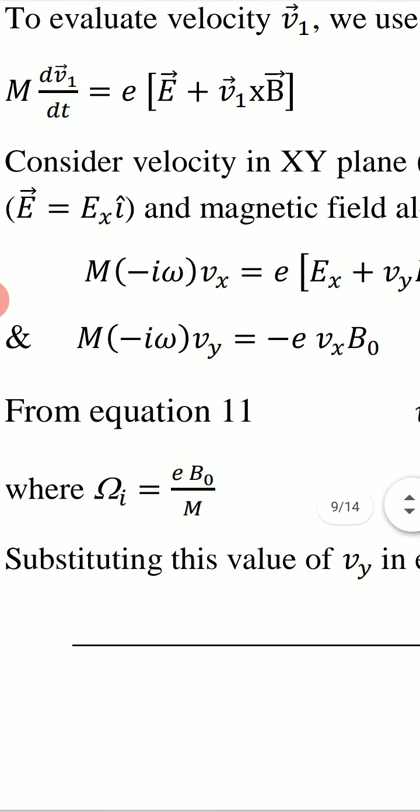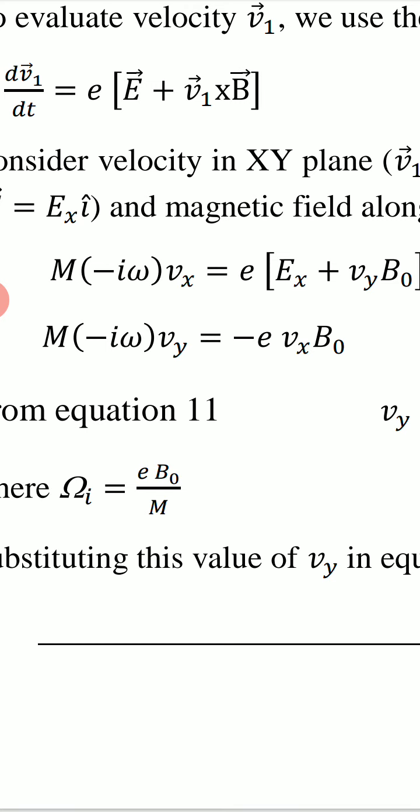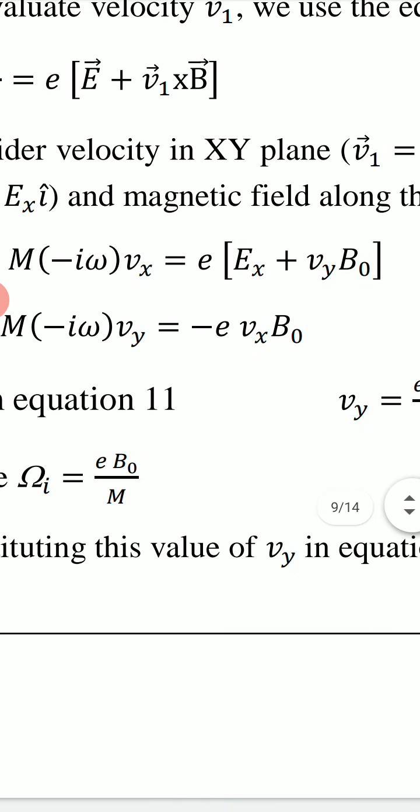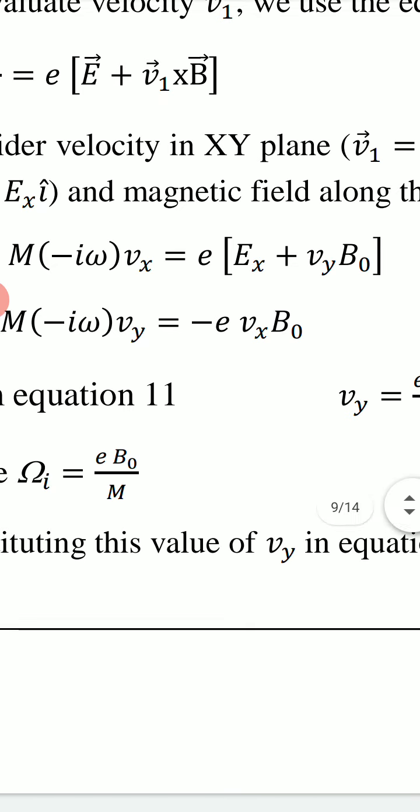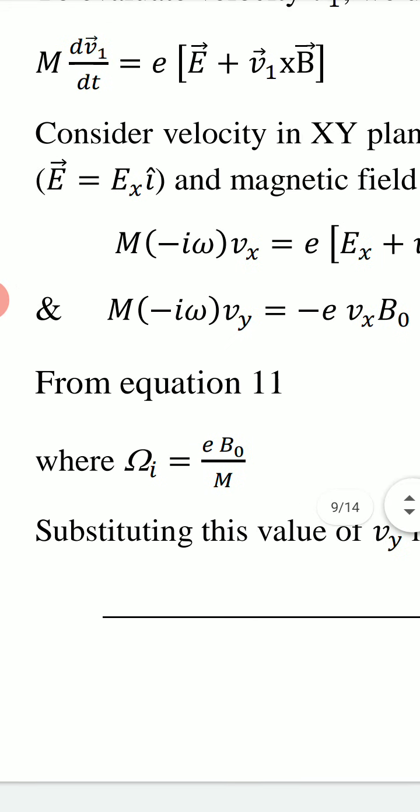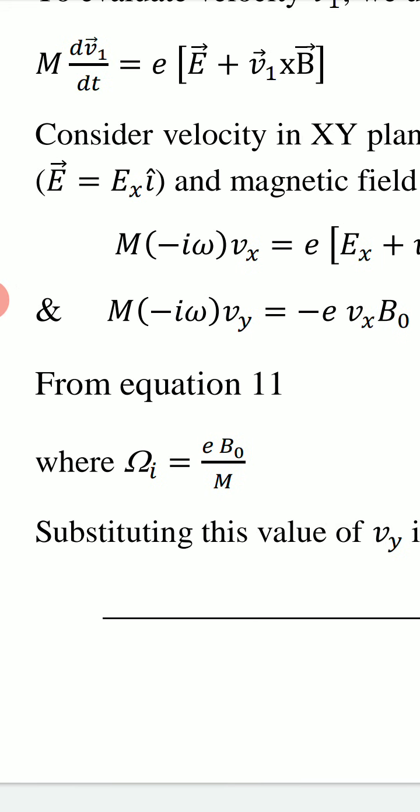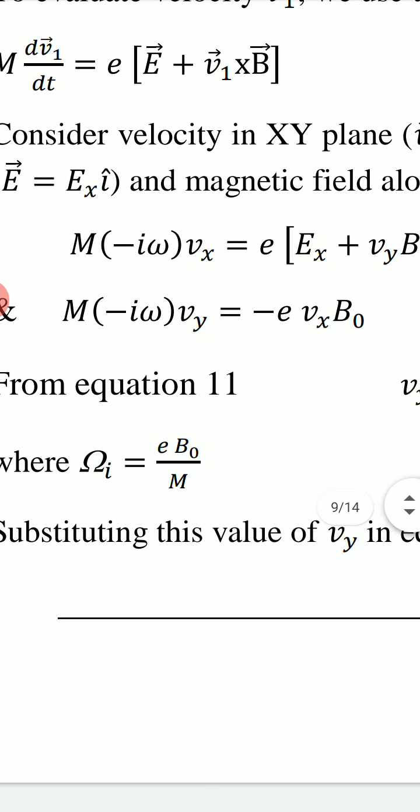In the right hand side we have the x component as e into (Ex plus Vy B0). Ex is the x component of E vector and Vy B0 is the x component of v1 vector cross B vector. Similarly, for the y components we write m into minus i omega Vy equal to minus e Vx B0.